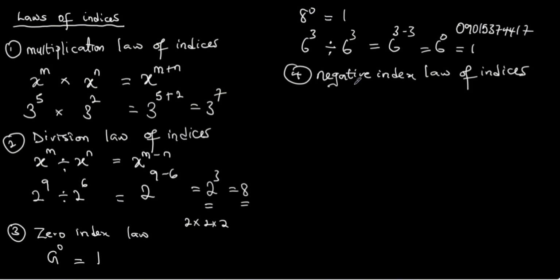It's a negative number. The negative index law says if you have any base raised to a negative index, say x, for example, the result is the reciprocal of that base with the index without the negative sign.